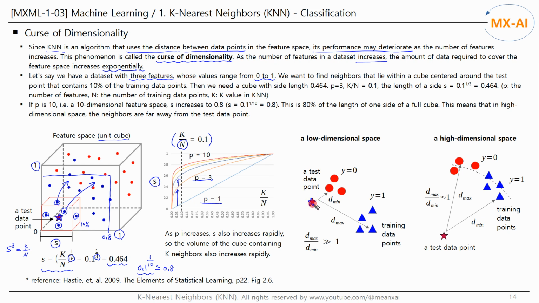Let's say we have a test data point and several training data points with different classes, arranged in a low-dimensional feature space like this. This test data point can be easily classified as class 0 because it is closer to the training data points, which are class 0. Measuring distances makes it easy to find the neighbors of the test data point.